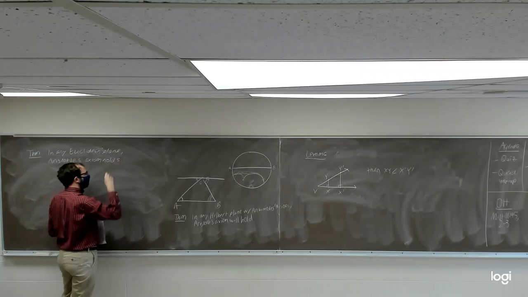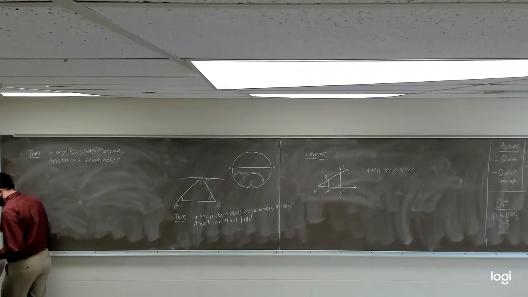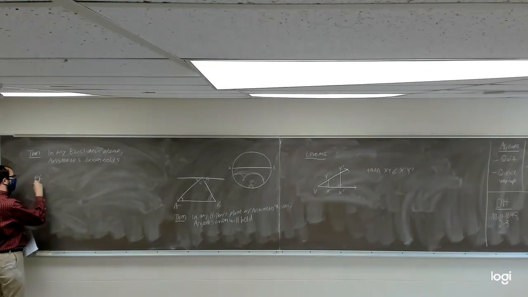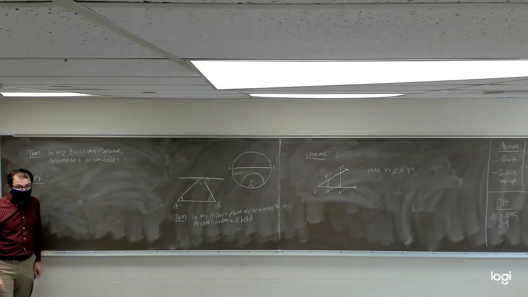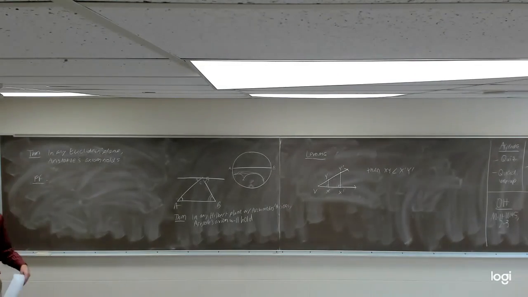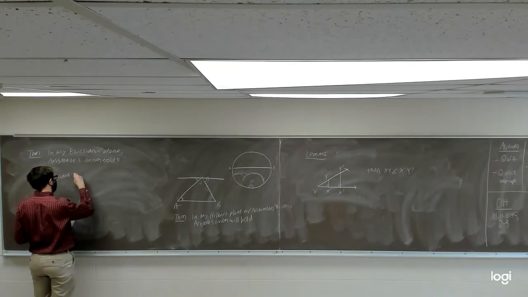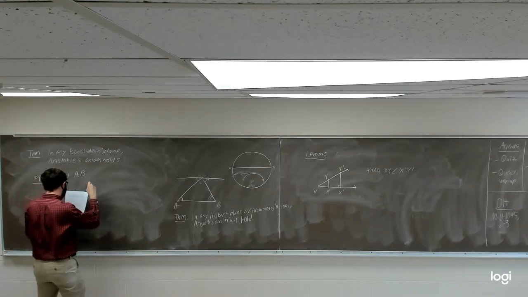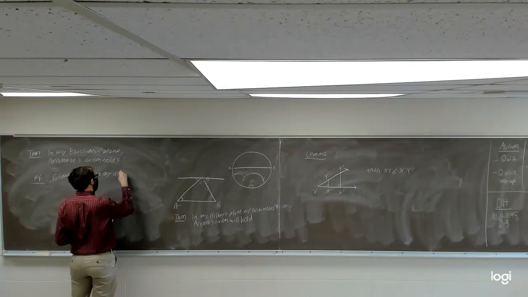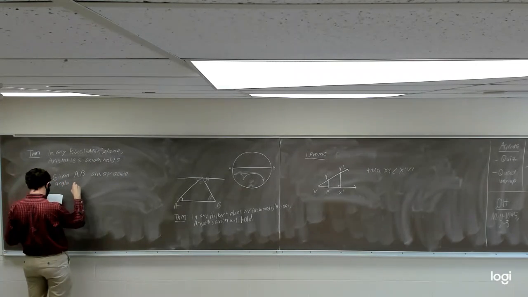So first of all, here's our proof. We're going to start with some line segment AB and some angle alpha that we can work with. So we're going to assume that we're given some AB and any acute angle alpha.